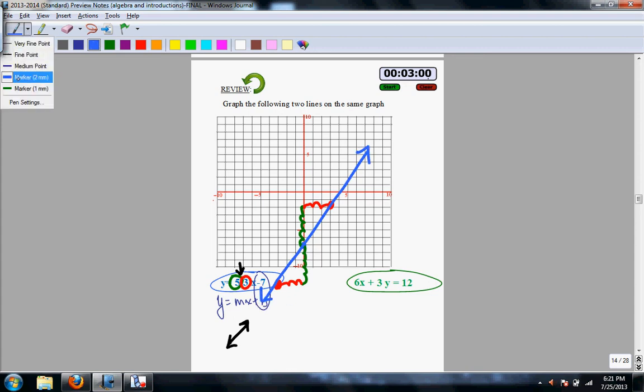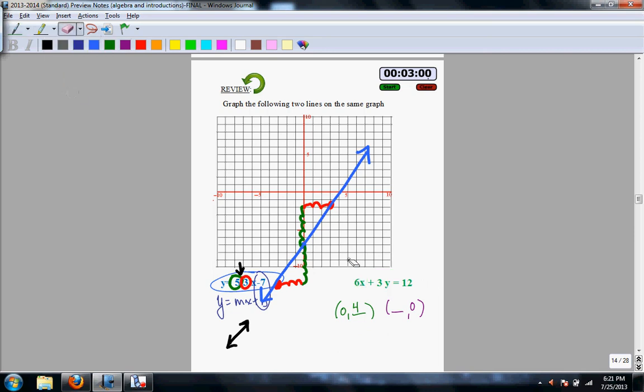Okay, for the second one, I'm going to go ahead and use intercepts. 0 blank, and then blank 0. If I put a 0 in the x, I just say goodbye to it, so I have 3y equals 4. If I divide both sides by 3, I'm going to end up with y equals positive 4. Then I come over here and I have a 0 in the y component, so I say goodbye to that.